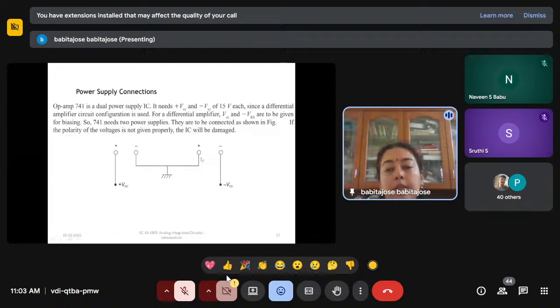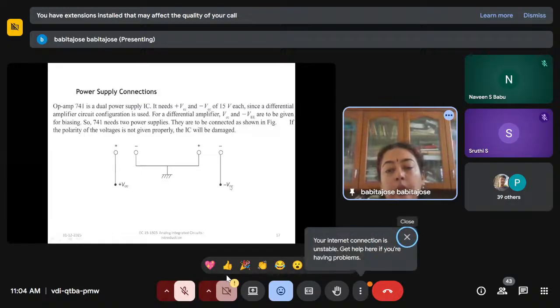Especially the polarity of the voltages must be given properly, otherwise your op-amp will get damaged. It has both positive and negative supply. Pin number 7 is for connecting plus VCC and pin number 4 is for connecting minus VCC.